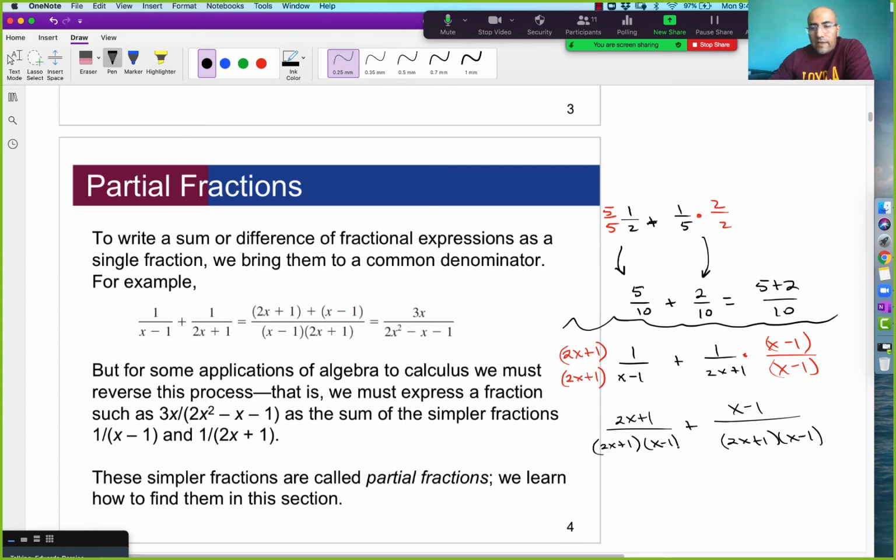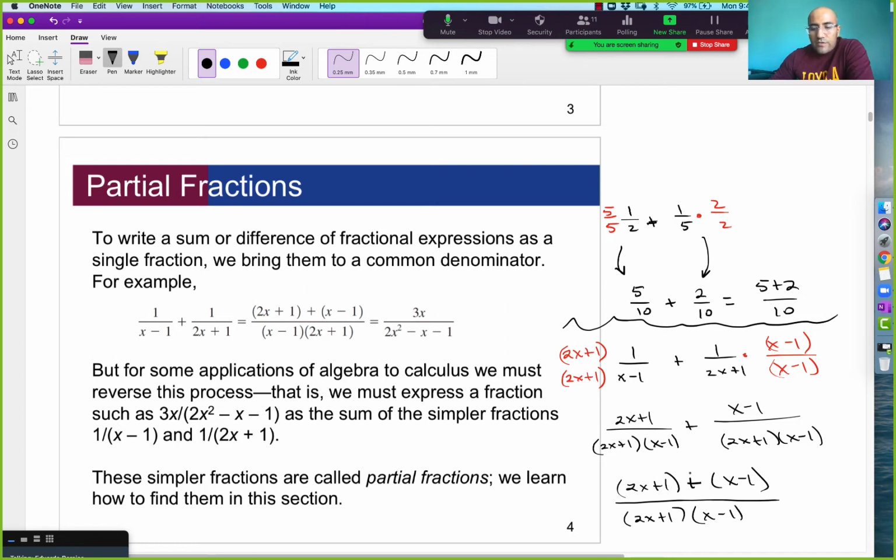Okay, so they have the same denominator, so now we're able to add them together and get 2x plus 1 plus x minus 1 all over the combined product of the two, 2x plus 1 times x minus 1. Good.